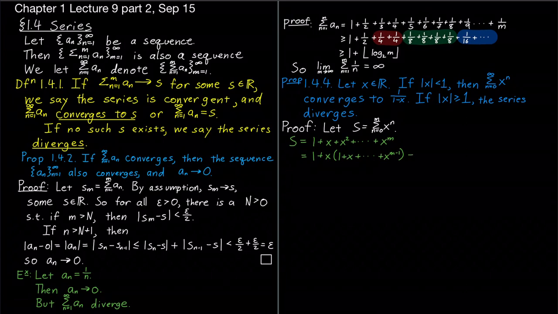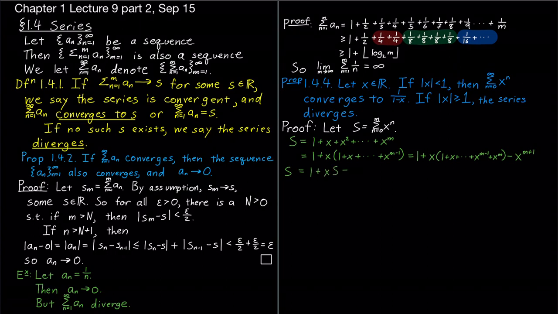So what I am going to do is add that extra term back in, x to the m, and then we just have to subtract it off, x to the m plus 1. So we're left with S equaling 1 plus x times S minus x to the m plus 1.